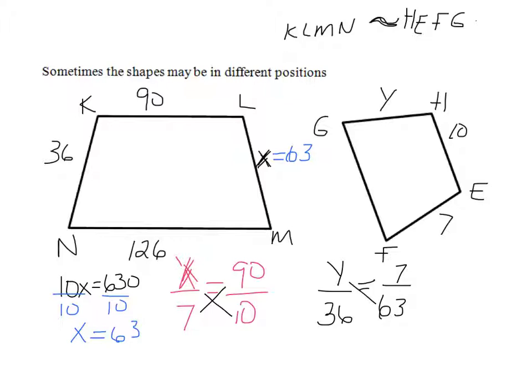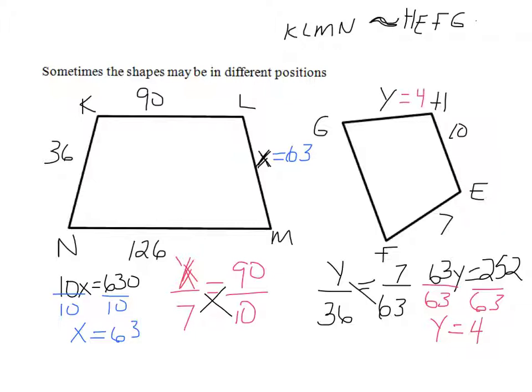When I cross multiply, I get 63y equals 252 divided by 63. And if I divided that out, I would see y equals 4. So up here, y equals 4. And I have found my missing sides.